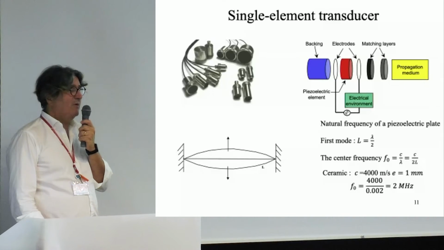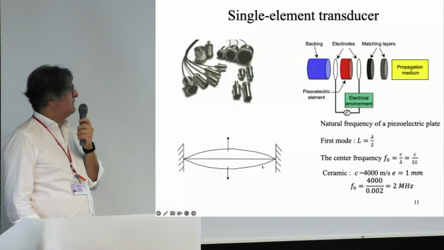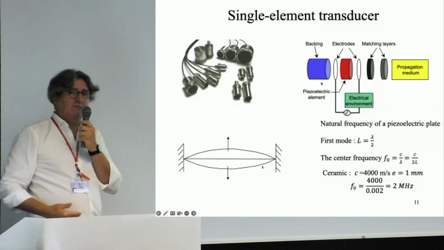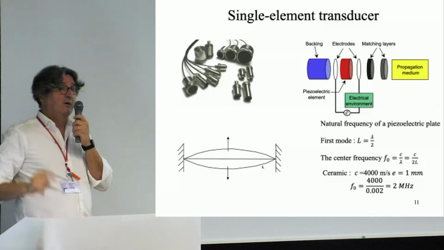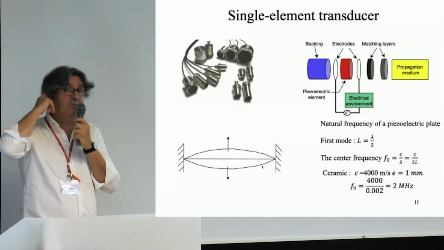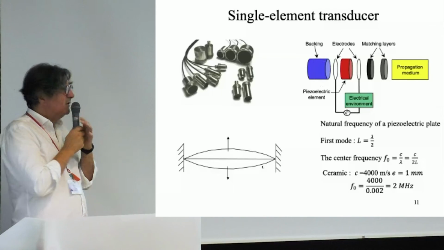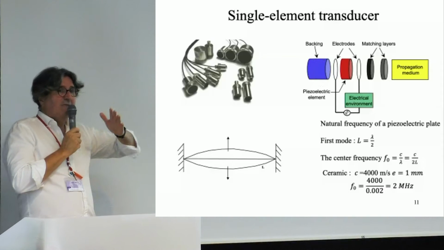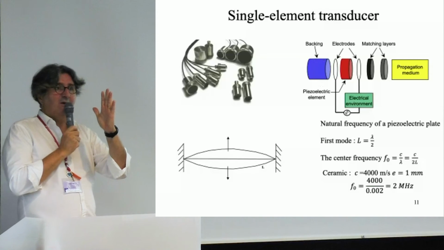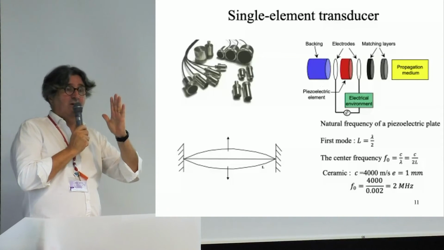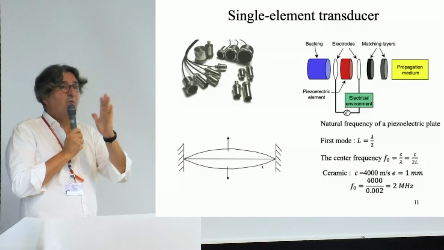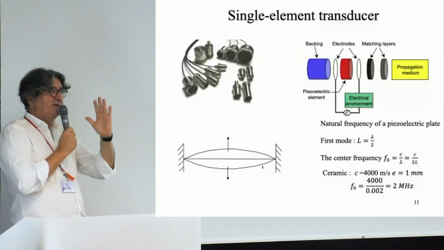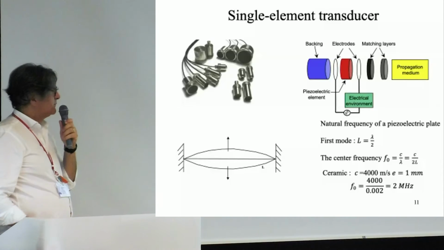But if you use a backing material, you will want to attenuate these waves, because you don't want a round trip echo coming from the rear face in this backing material. But not only do you want to attenuate them, in fact, because you put an acoustic impedance on the rear face, you will damp the vibration, and we will see the effect of this damping.